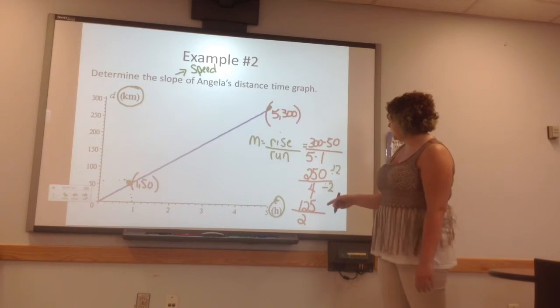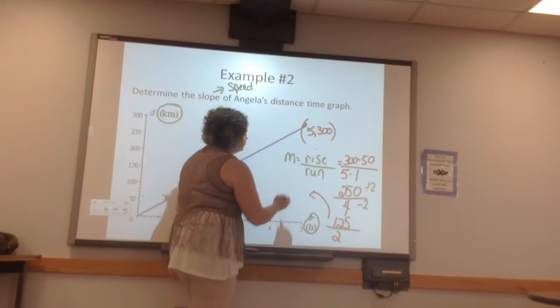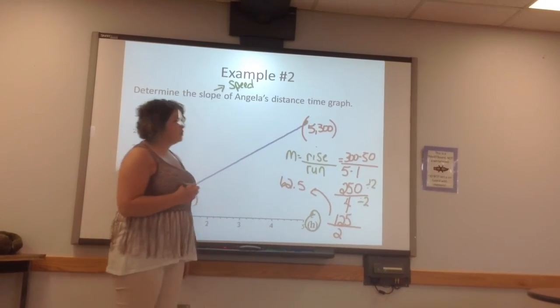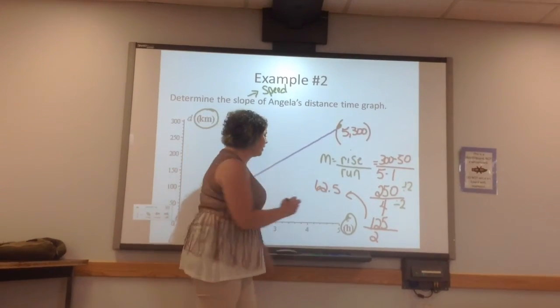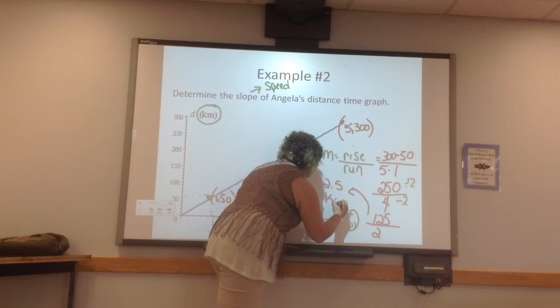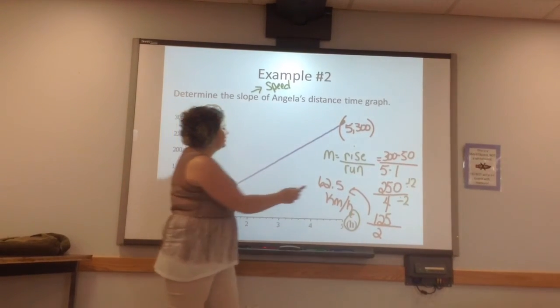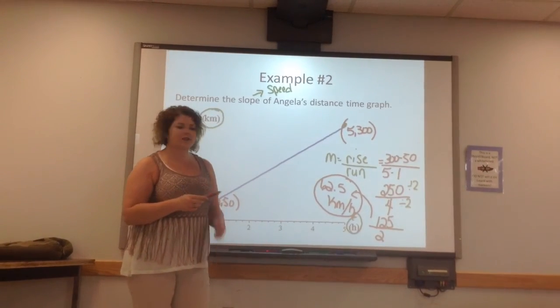Okay, so let's divide it by 2 one more time. So 62.5, and we were measuring kilometers per hour. Okay, so Angela's speed is 625 kilometers per hour.